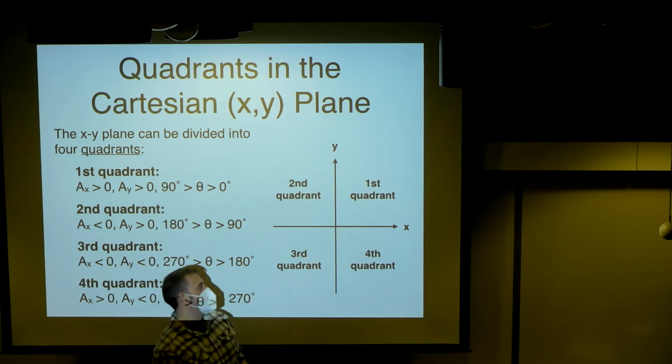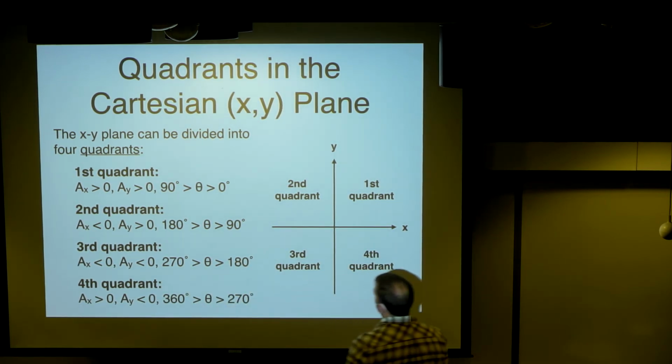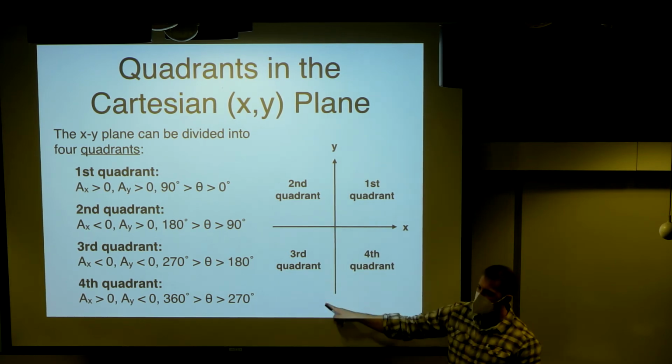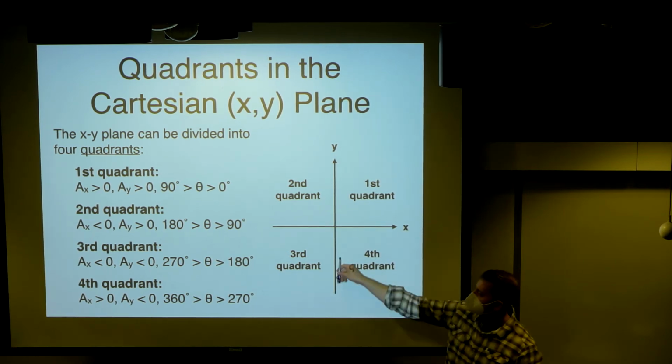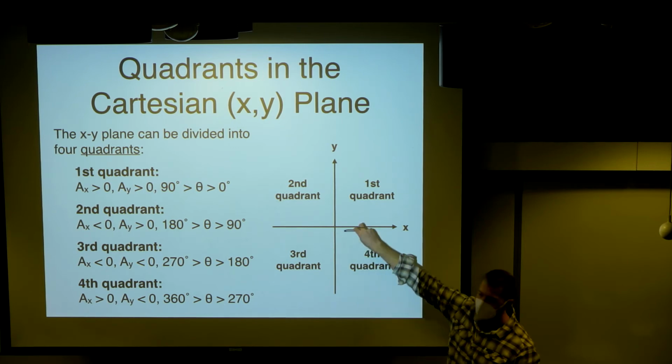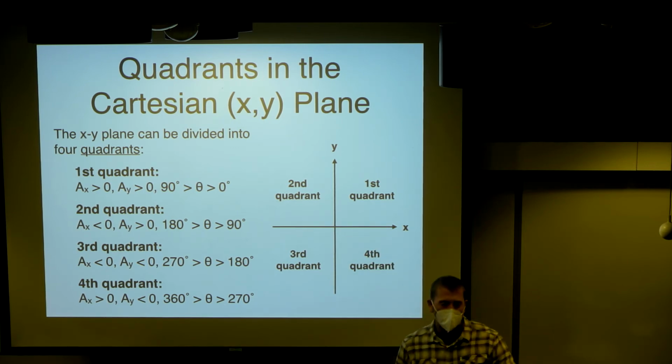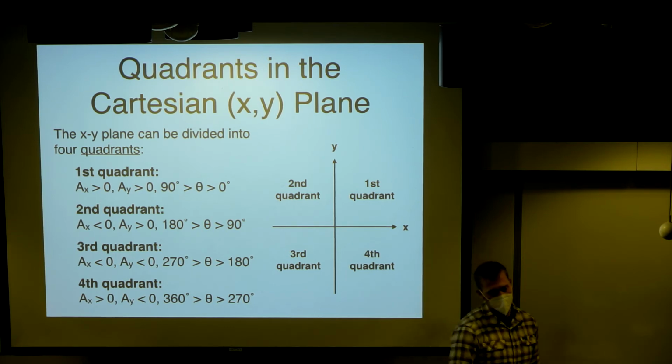And then finally in the fourth quadrant, x is back to being positive, but y is still negative. And what is our range of angles? We have 270 all the way to 360. So the way we define the angle, it can be anywhere between 0 and 360, and that covers all of the quadrants. Does that make sense?